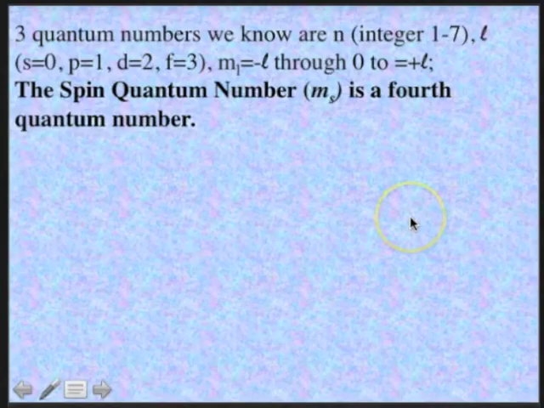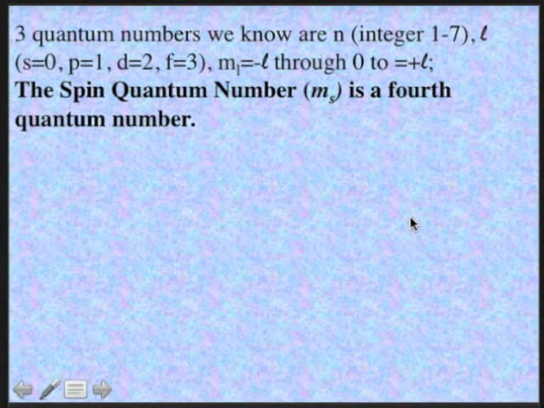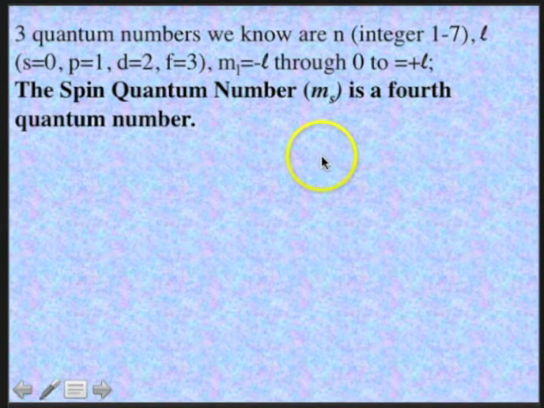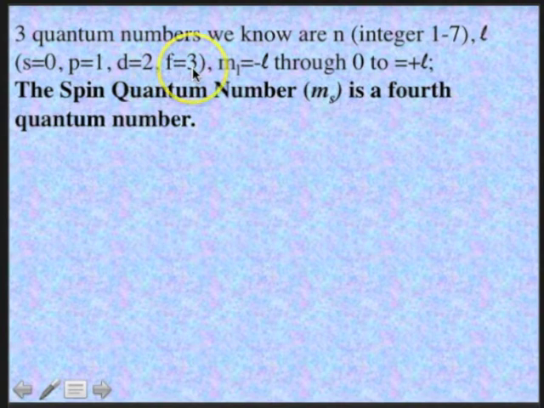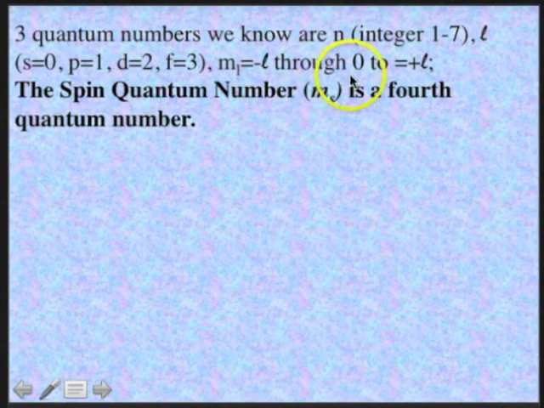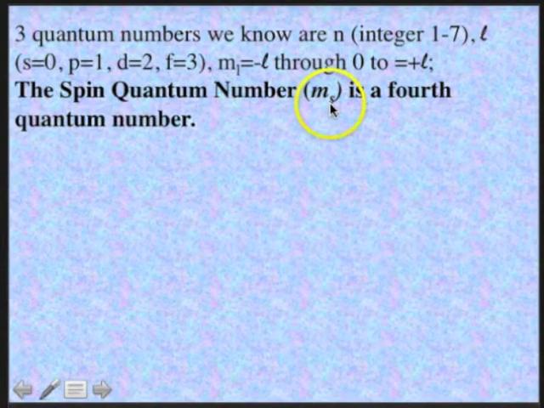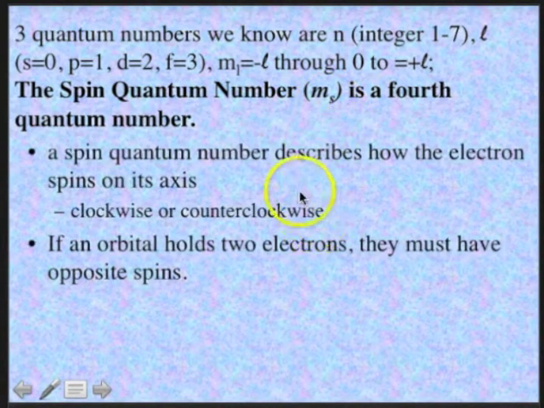We know three quantum numbers already. N, the integer 1 through 7. L, designating the shape of the orbital, s, p, d, or f, or 0, 1, 2, and 3. And m sub l, ranging from minus l through 0 to plus l. The spin quantum number is designated m sub s and is a fourth quantum number.